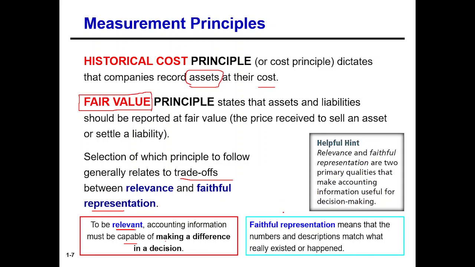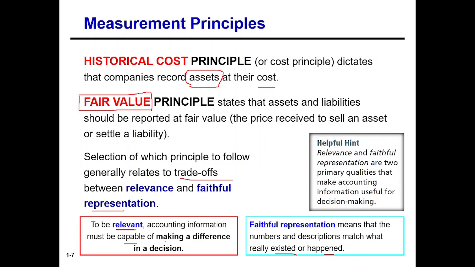But if we are seeking information that is faithfully represented, what do we mean by faithful representation? It means that the numbers and descriptions must match what really exists or happened. So I need something that tells me exactly what happened, what really happened.